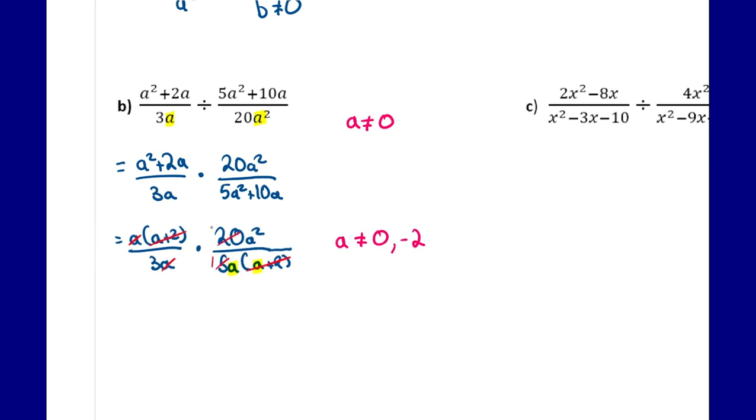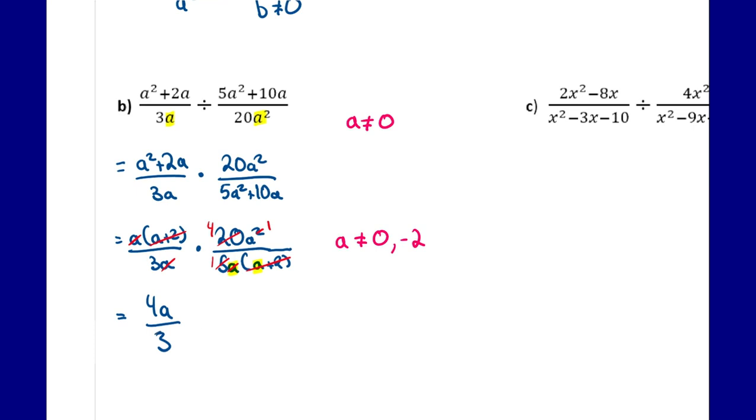I'll be left with 1 as a placeholder, and instead of 20, it becomes 4. And this a would cancel out the a squared to make it a 1. I'll just cancel out the exponent to make it 1. So all that is left is 4a over 3.